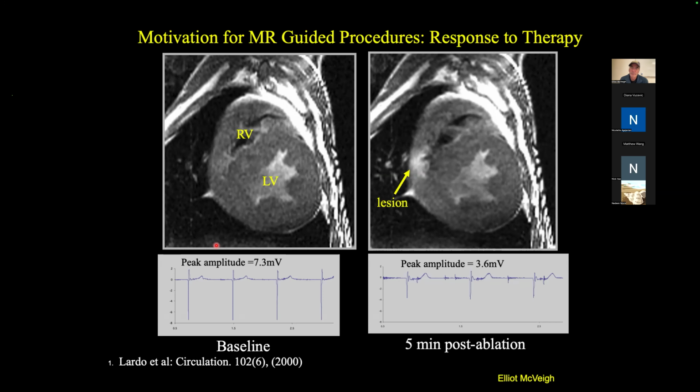Excuse me. So this is a really cool example of MRI used as a guiding imaging modality for applying therapy. In this case, we have a normal left ventricle, right ventricle.